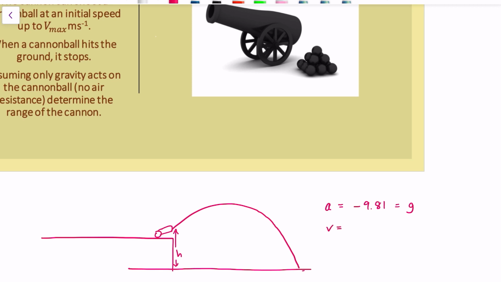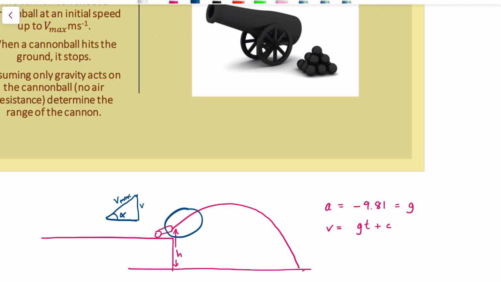If we anti-diff, the vertical velocity is gt plus c, a linear function of time. C is the initial vertical velocity, so if we were to zoom in on what is happening here, we've got the cannon being shot off at some angle alpha at some initial speed. We could say v max, to go the furthest.